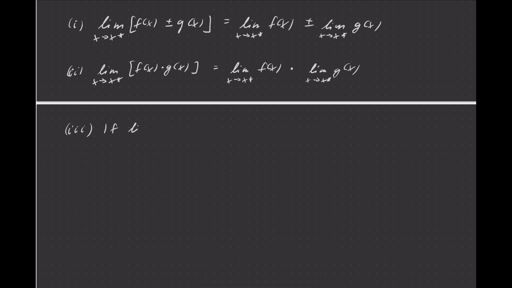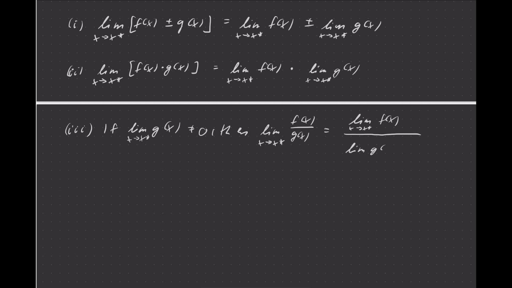So if the limit of g of x as x tends to x star is not 0, then this limit here of f of x divided by g of x, x tends to x star, also exists and is equal to the limit of f of x, x tends to x star divided by the limit of g of x as x tends to x star.